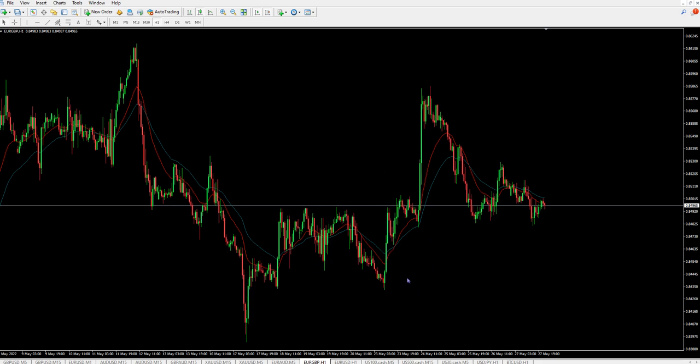If I was looking at price in this overall area, I see some inefficiencies, some gaps up here that I believe price needs to rebalance to. I see these highs where buy stops are residing that price wants to take.